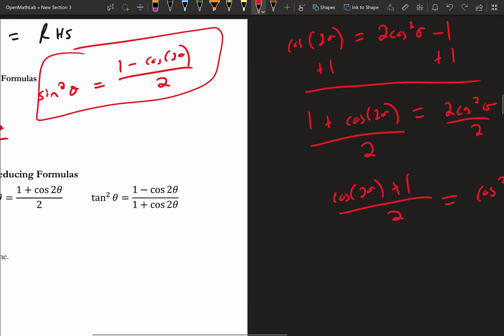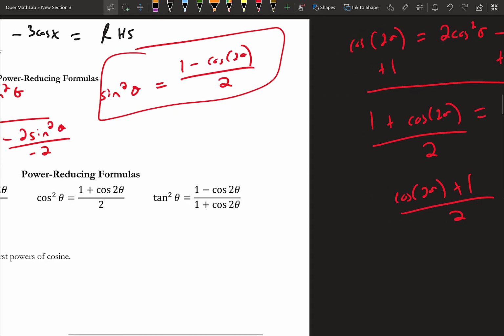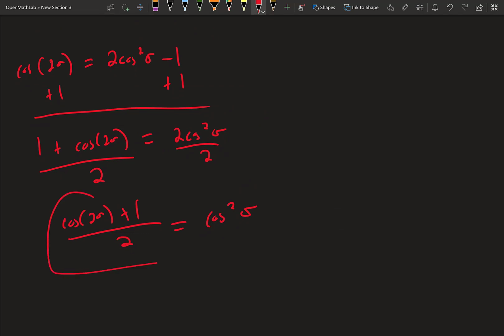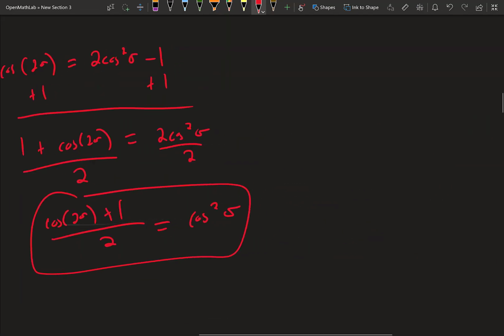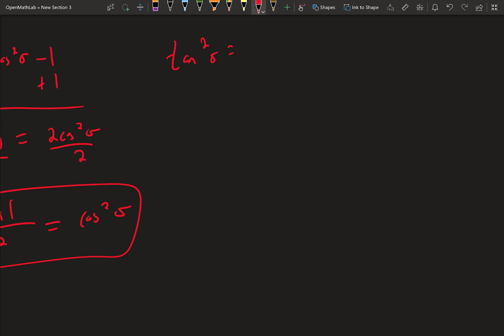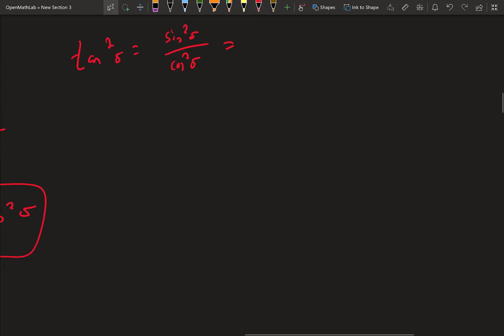And then, for tangent, we could... right, so we came up with this guy, came up with the other one. So if you want to come up with tangent, let's say tangent squared theta, how you can think of this is this would be equivalent to sine squared theta over cosine squared theta. And then just plug in the values that we just had.